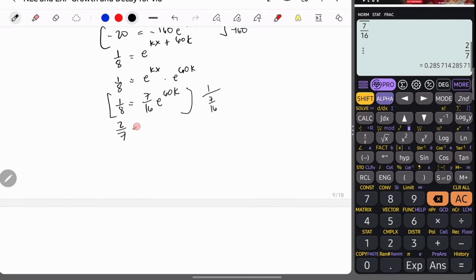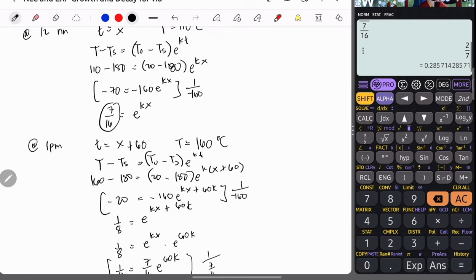And 7 over 16 divided by 7 over 16 is 1. So, only e to the 60k. ln both sides. So, we have 60k equals ln 2 over 7. Then, divide both sides by 60. Our k is equivalent to 1 over 60 ln 2 over 7.